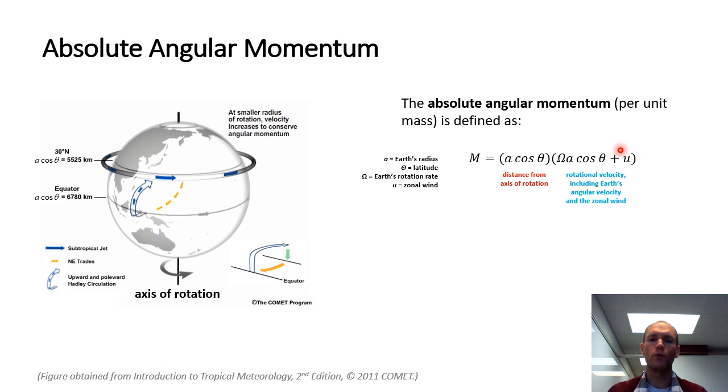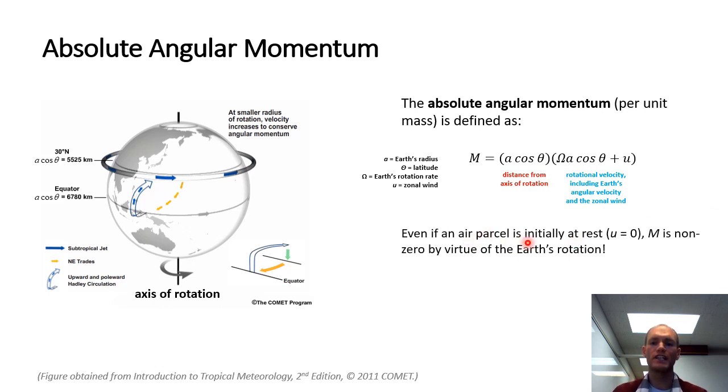Then we have this zonal wind, u, that we see here, and that is what we typically would associate with the east-west wind on the Earth. So the multiplication of these terms together, omega a squared cosine squared theta plus a times u times cosine of theta, defines the absolute angular momentum.